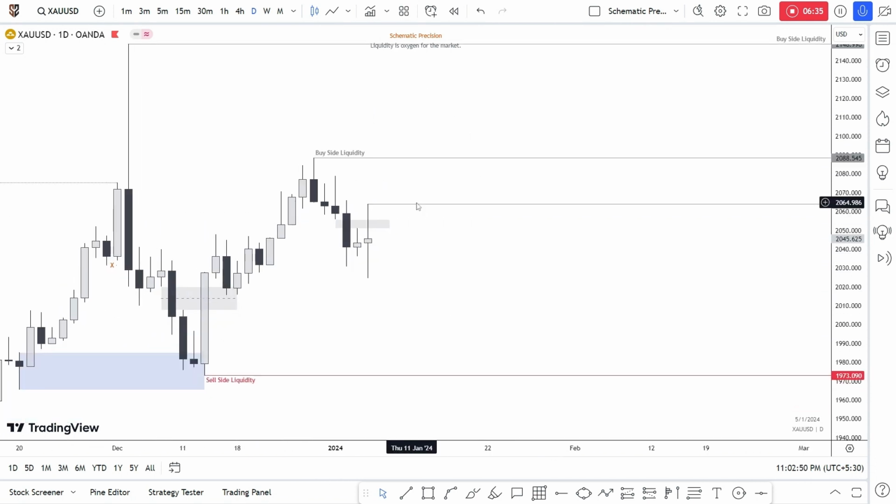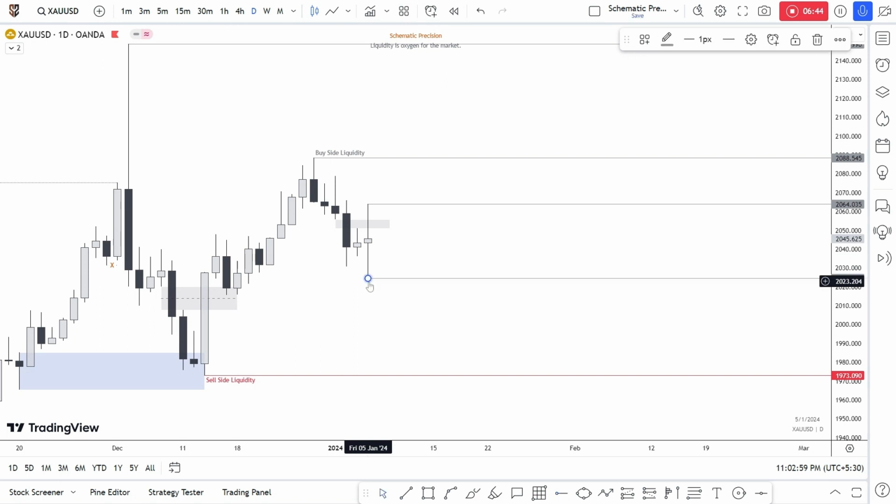So I'm expecting gold to be bullish if we break above 2064, and our static support and one of the strongest supports in current market is around 2030.